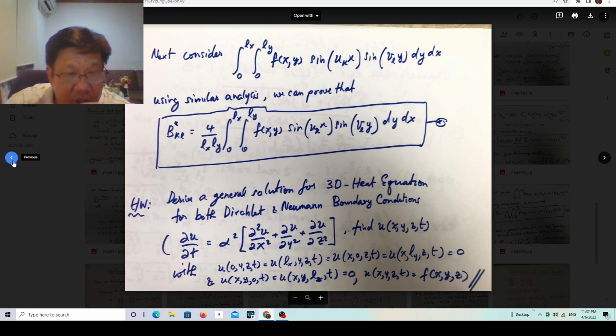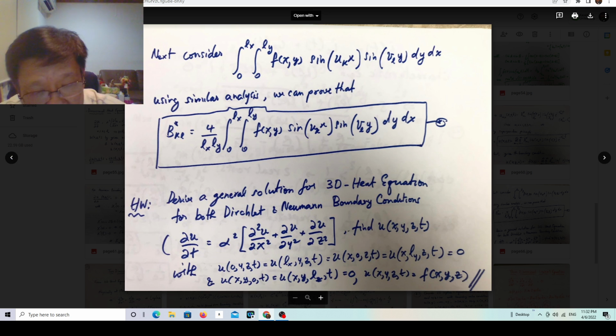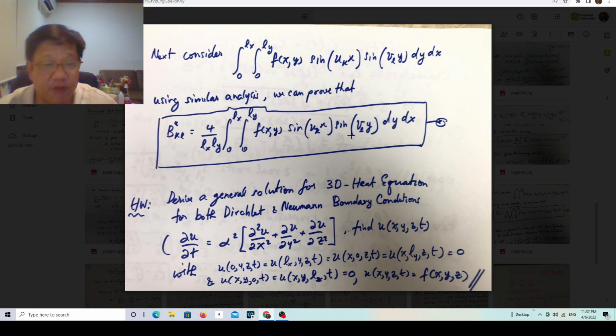Within the Fourier series, you need to find the coefficients that multiply the sine and cos terms in the series. In one dimension, you end up having a one-dimensional Fourier series, and when you extend to the two-dimensional heat equation, your solution is in the form of a double Fourier series. For three dimensions, it is going to be a triple Fourier series form.